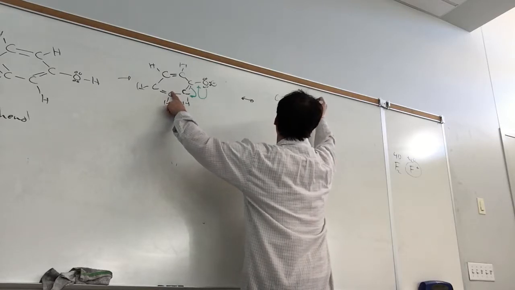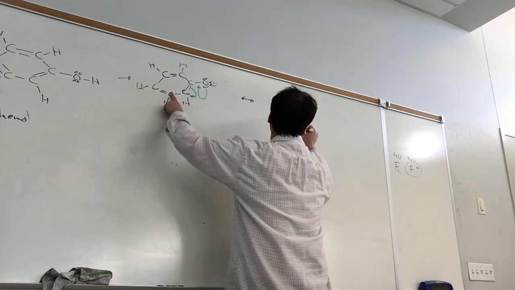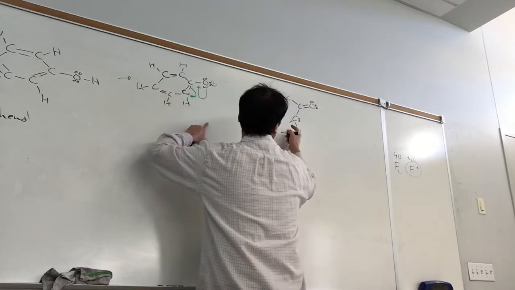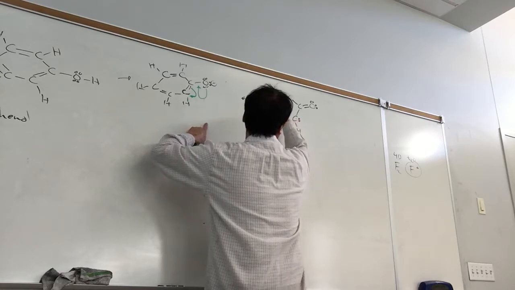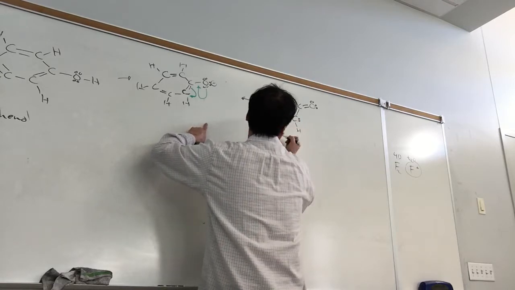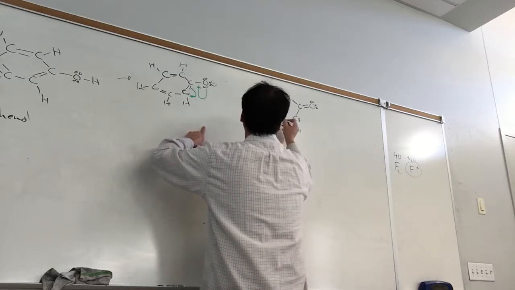So now double bond to this oxygen, 2 lone pairs. This carbon is going to have a lone pair, bond to the hydrogen, and it's going to be bonded to another carbon. Like this.